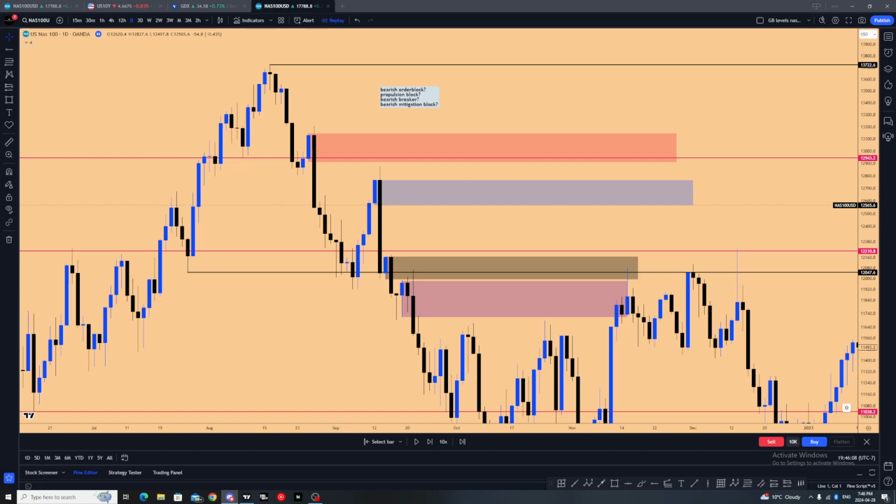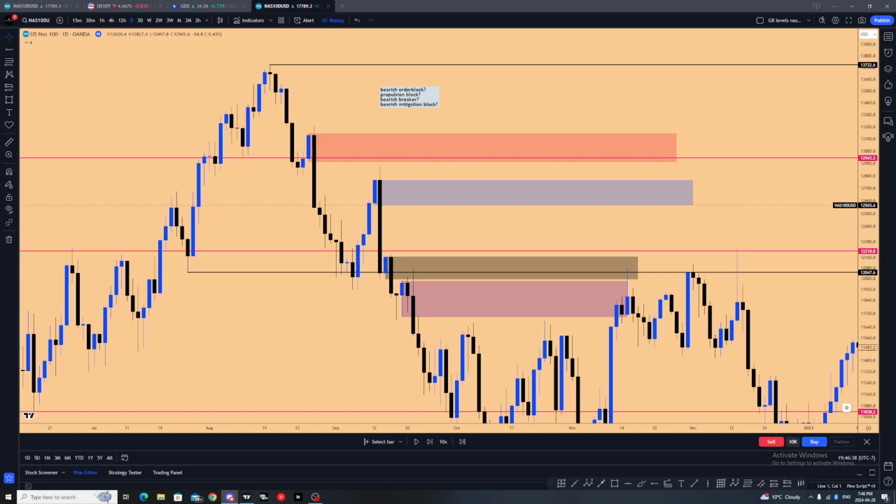It's not a bearish order block, the purple one. Red is bearish order block. Blue is bearish 2.0. Good. Black is mitigation block. Purple is propulsion. Interesting. Okay. Red is breaker. Blue is propulsion.